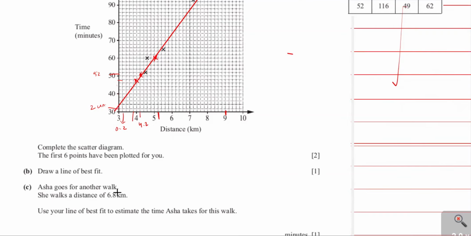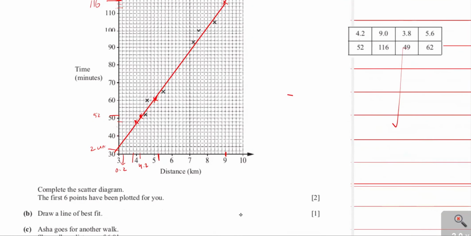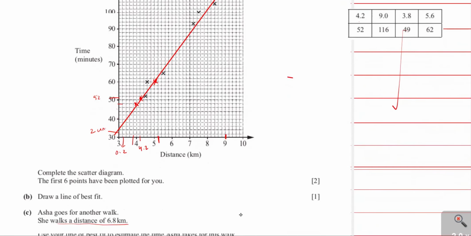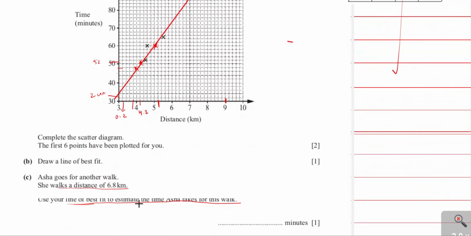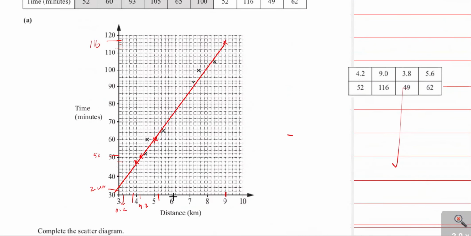Part C, Asha goes for another walk. She walks a distance of 6.8 kilometers. Use your line of best fit to estimate the time Asha takes for this walk. To estimate the time, we will draw a vertical line from 6.8.